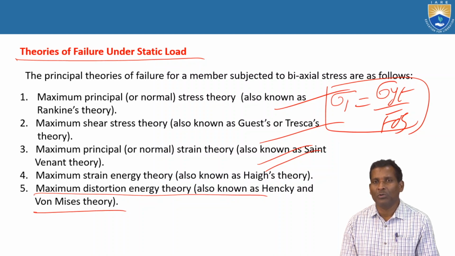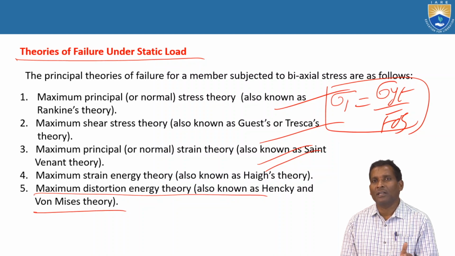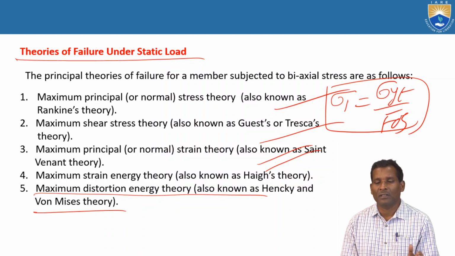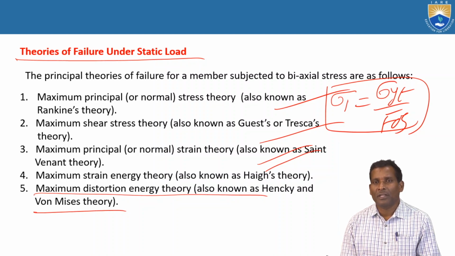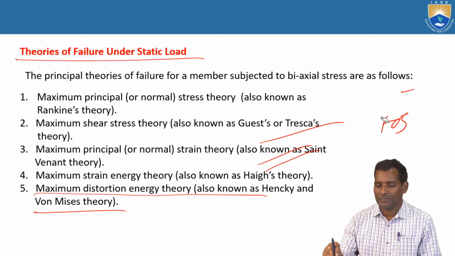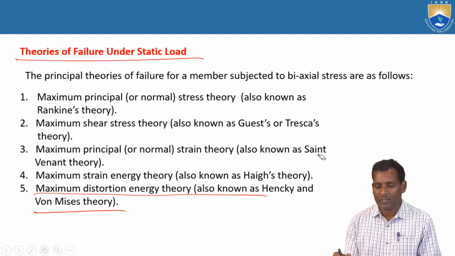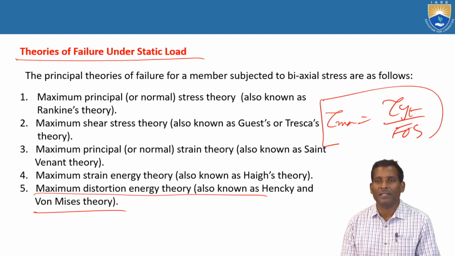Whatever value is obtained in a simple tensile test should be more than the value obtained by using this maximum shear stress. Similarly, here tau max is equal to tau yield by factor of safety. This is the condition.